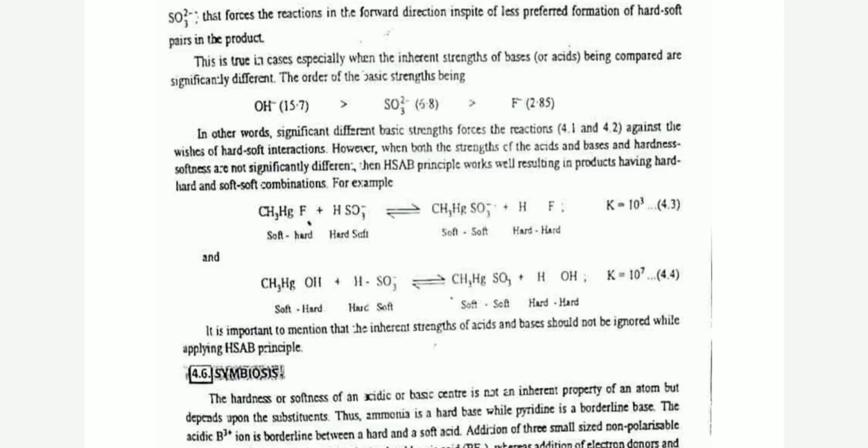However, when both the strengths of the acids and bases and hardness-softness are not significantly different, then the HSAB principle works well, resulting in products having hard and soft combinations.